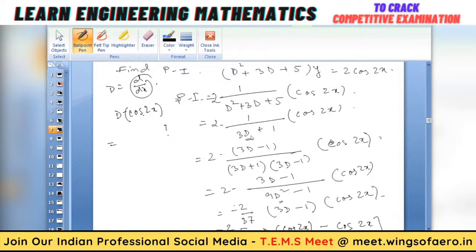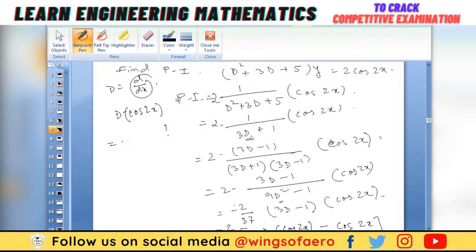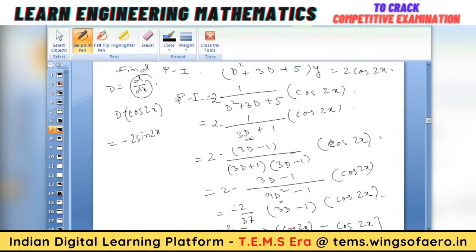So d/dx means it is a derivative of cos 2x, and the derivative of cos 2x is minus sin 2x into 2, so minus 2 sin 2x. Now simply put here minus 2 sin 2x minus cos 2x.